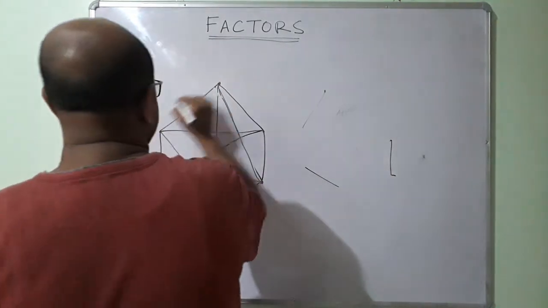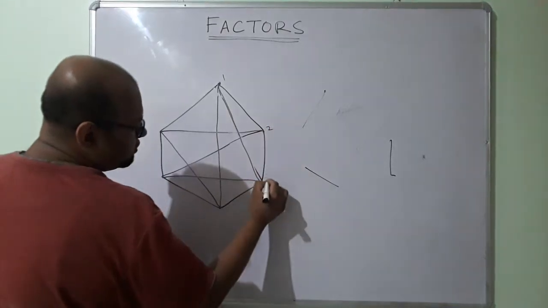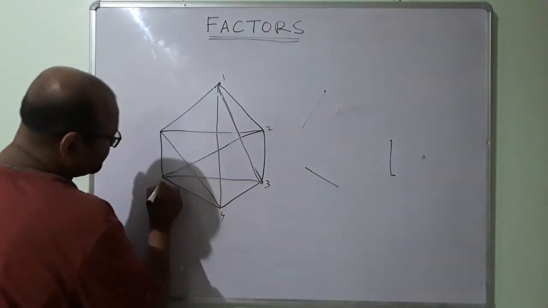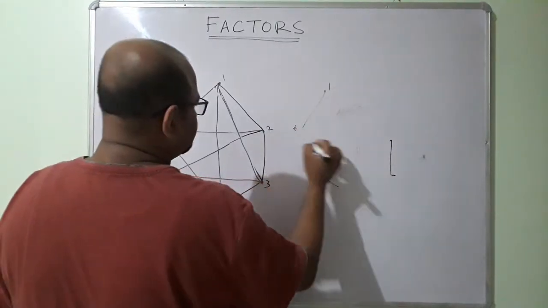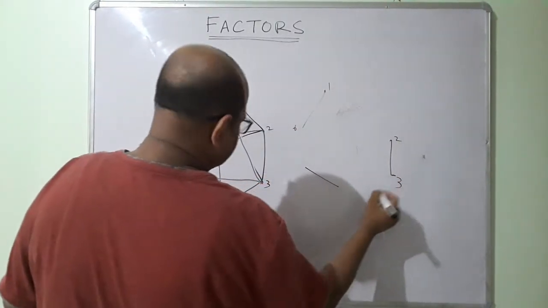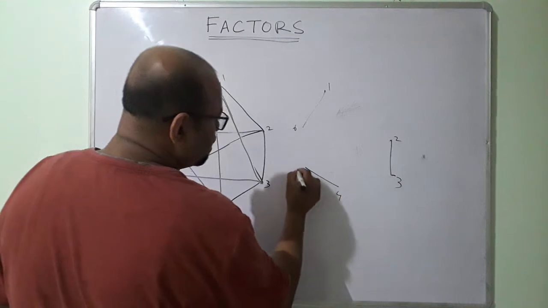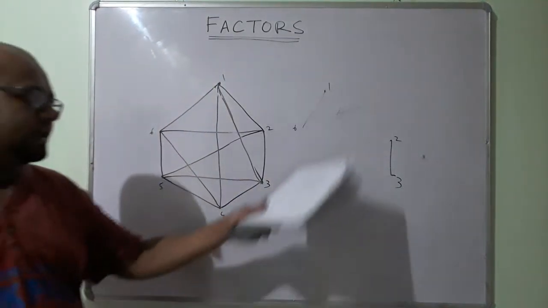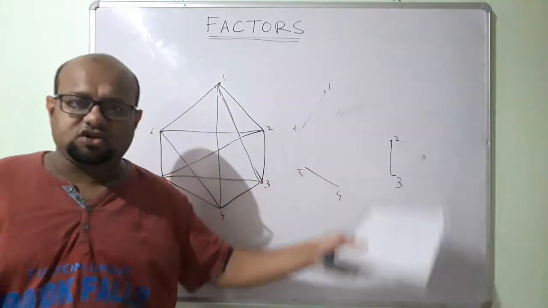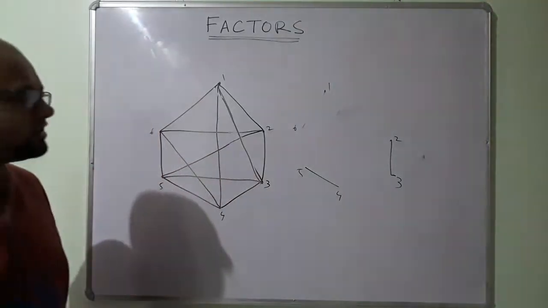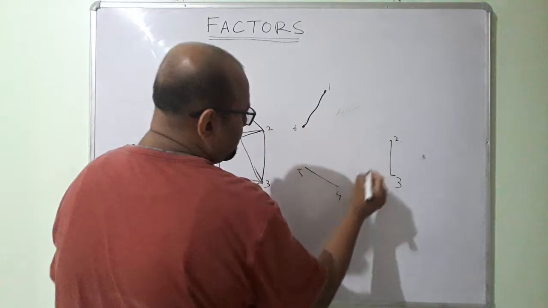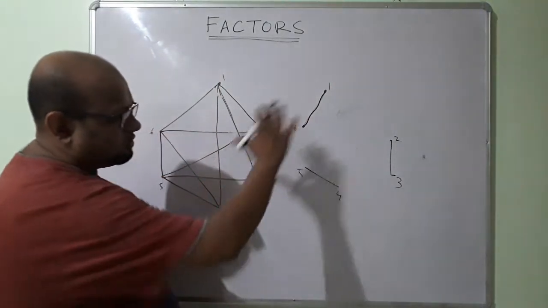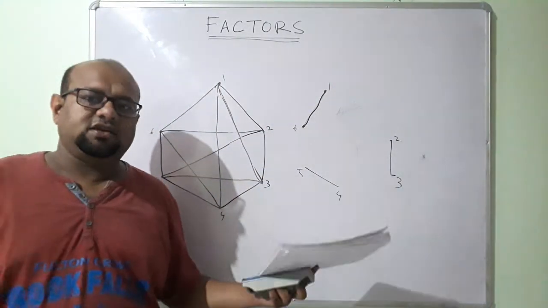Let me number the vertices 1, 2, 3, 4, 5, 6. So this is between 1 and 6, this is between 2 and 3, this is between 4 and 5. So all my vertices are here, in this subgraph that I drew.